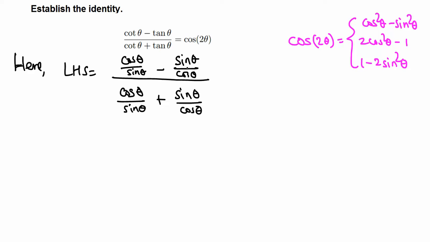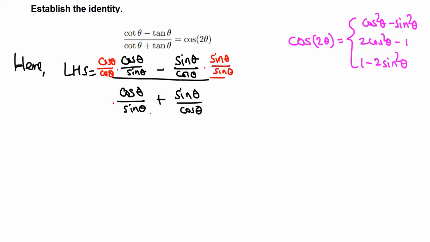Now we want to combine these two fractions on the top, and same thing here. For that we have to make a common denominator. So cosine here, sine here, cosine here, so we multiply the first fraction by cosine theta over cosine theta. We multiply the second fraction by sine theta over sine theta.